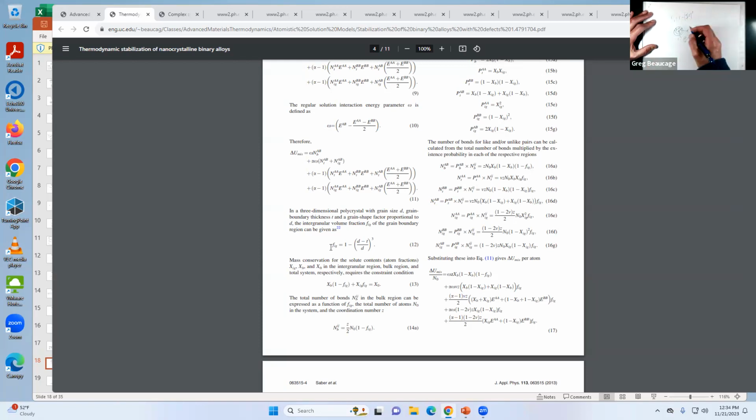But that isn't really logical to do, because it's not really a sphere with a shell around it. It's like these kind of domains or grains or something. Anyway, it doesn't look right to me to do it that way, but that's how you got that equation. It's pretty simple, actually, but doesn't seem right.